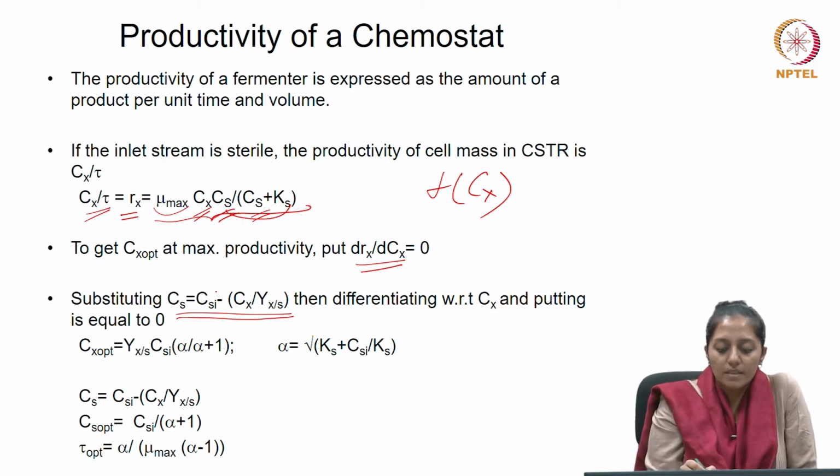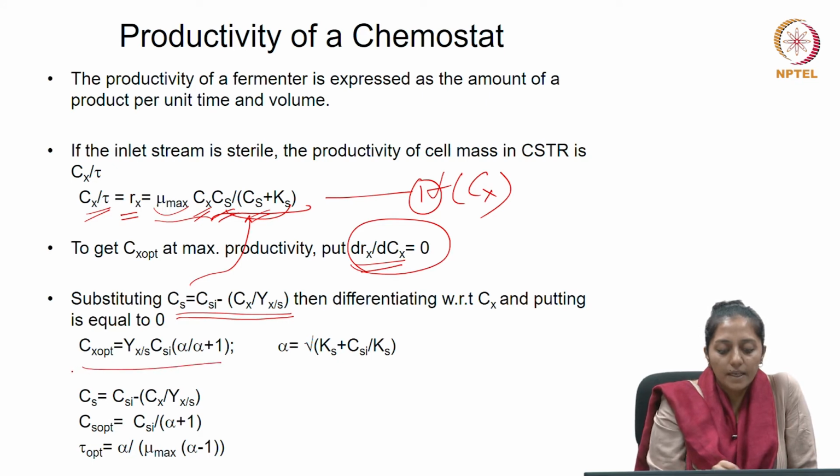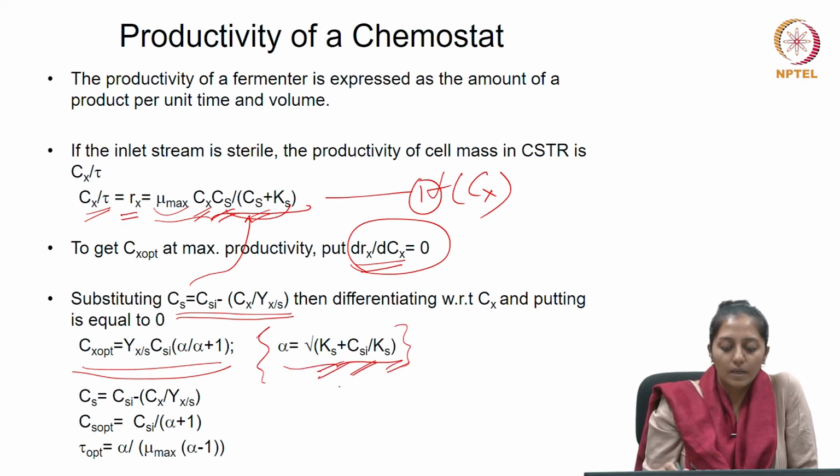Now, if this Cs is substituted here in equation 1, and then the differential of that equation with respect to Cx is done and set to 0 to find the value of Cx, then we find that the Cx can be written as given here, where alpha stands for Ks and Cs0.